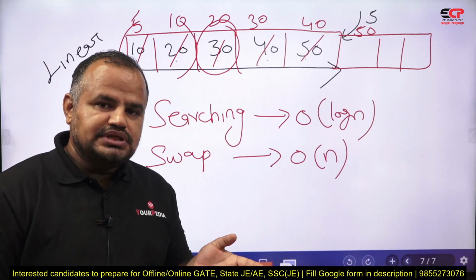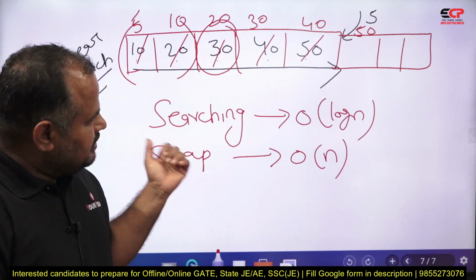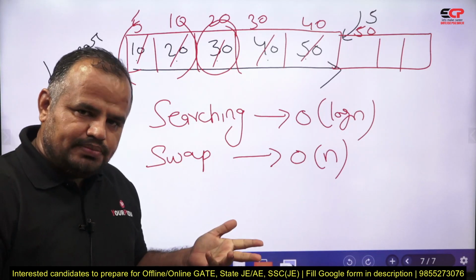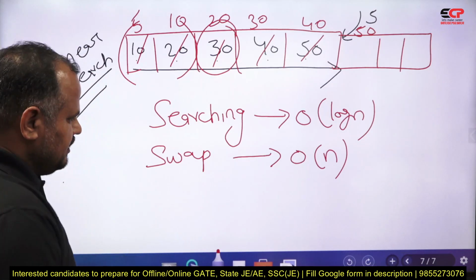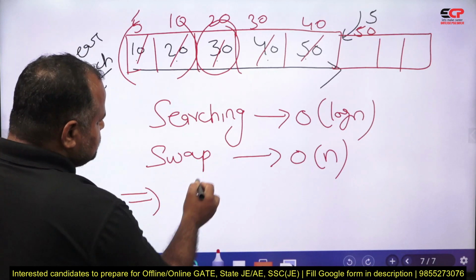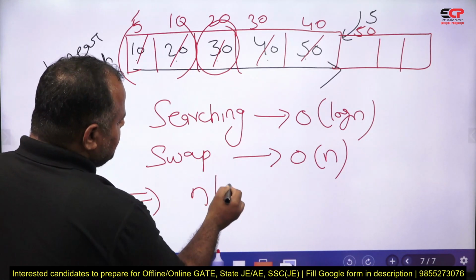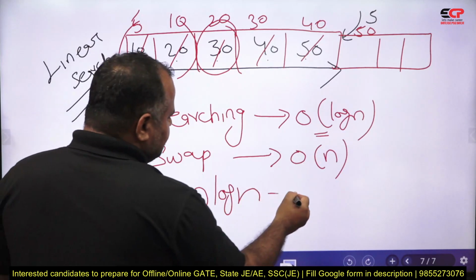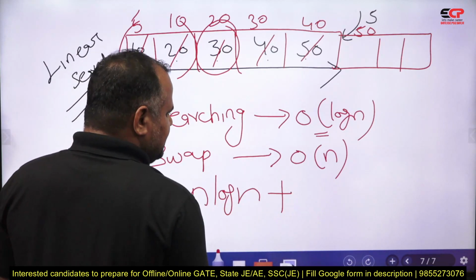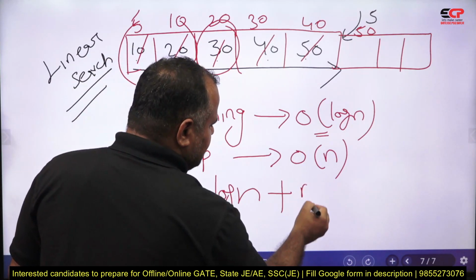So if we talk about n elements, because they are asking us the total time complexity of insertion sort if we use binary search instead of linear search, the total number of searching time is n log n, because for one element it will take log n, so for n elements n log n, plus the total number of swaps, for one element n, for n elements it is n square.